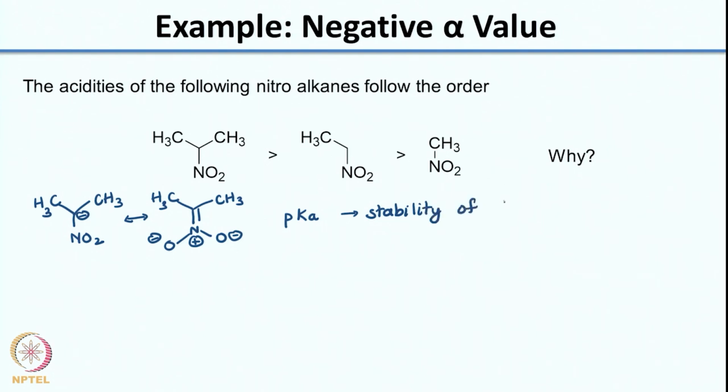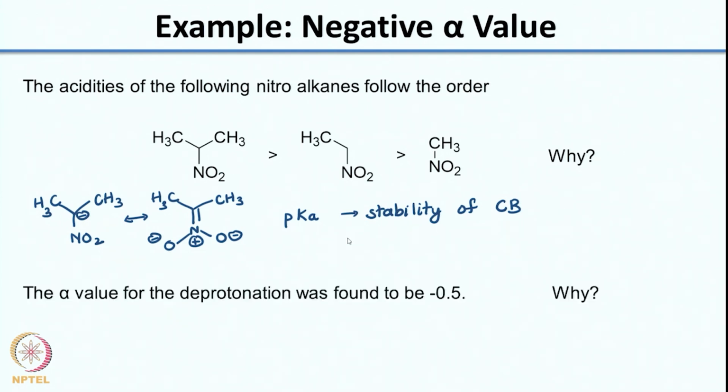We had looked at this earlier, I will put that as Cb. In the case of propane, when you have this double bond resonance structure, which has a significant contribution, due to hyperconjugation interaction, the propane derivative is more stable than the ethane, which is more stable than the methyl. Which is why, if you compare the acidities, 2-nitropropane is more acidic than nitroethane, which is more acidic than nitromethane.